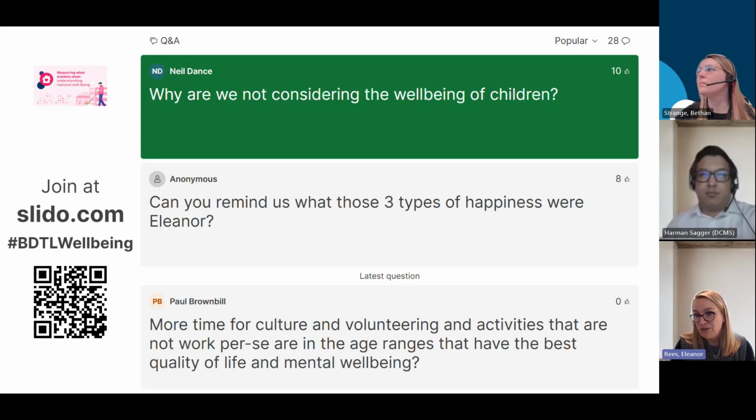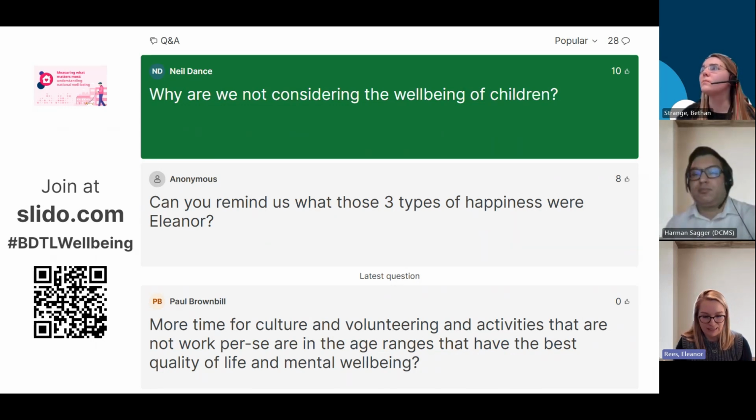This framework we reviewed over 2019-20, and redeveloped the measures again. So we do consider children's well-being, but we do so separately to adults in a separate publication, with measures within similar domains to what we have for adults, but in metrics that are appropriate for children. We'd look at things like happiness with school, which is obviously something we don't really capture for adults.